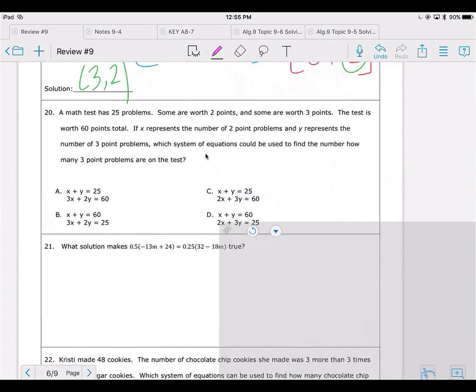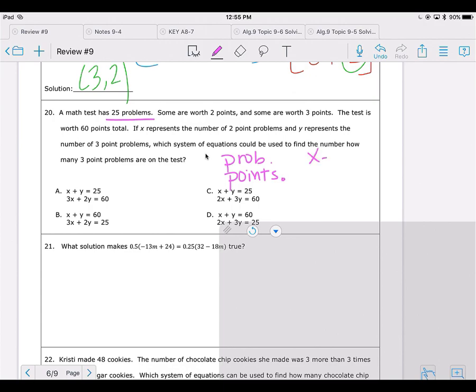Problem 20, a math test has 25 problems. Some are worth 2 and some are worth 3. The test is worth 60 points total. If x is 2-point problems and y is 3-point problems, which system could be used? So in this, we're going to have a problem equation and then a points equation. So problems, there's 25 problems total.